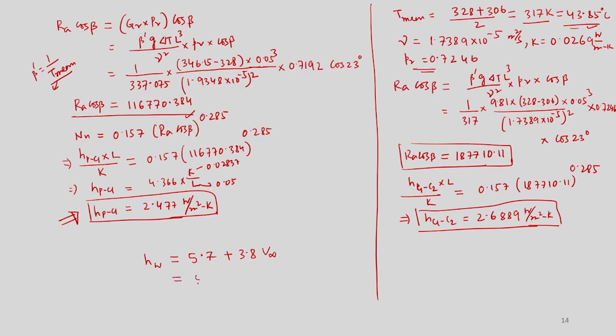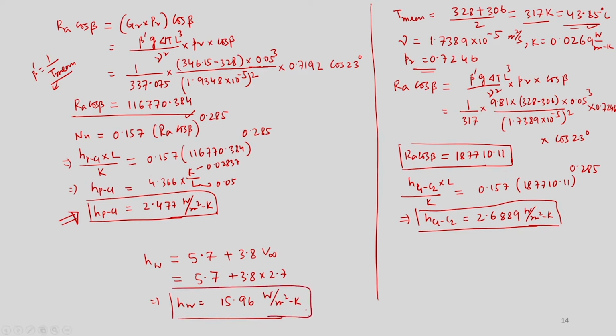These values are given: 5.7 plus 3.8 into 2.7. This is found to be 15.96. So, this is watt per meter square Kelvin.